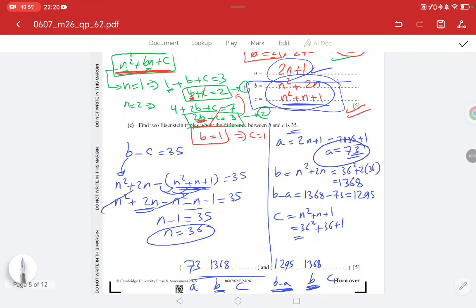So the answer is 36 squared plus 37, so this one is 1333. So B and C are the same, and just the first one is different.